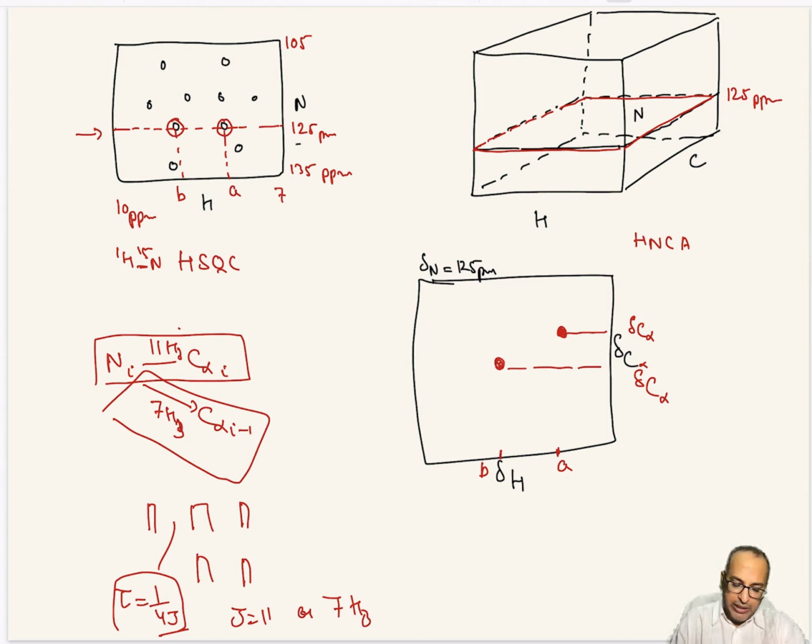So if you are optimizing for 11 hertz, then 7 hertz is not efficient. But even though it is not an efficient process, you will still get two peaks. So for each nitrogen proton correlation peak over here, you will get two peaks in carbon, where one peak will be high in intensity and the other peak will be low in intensity, right?